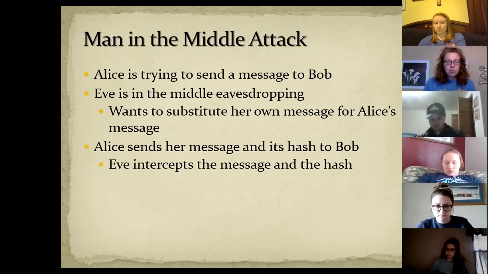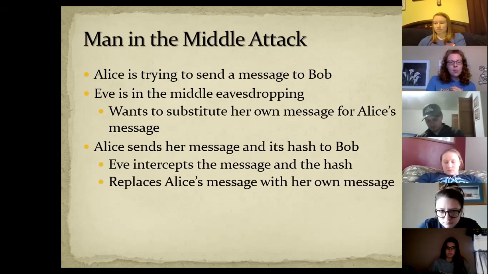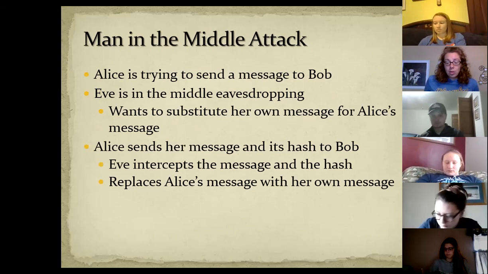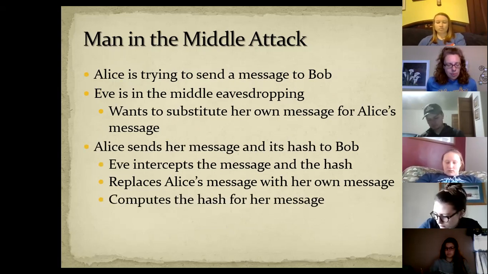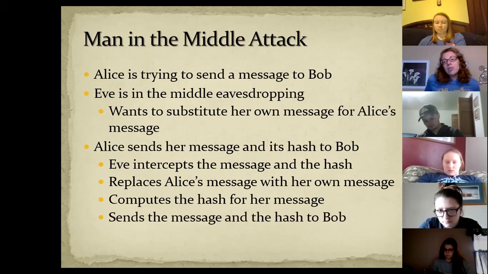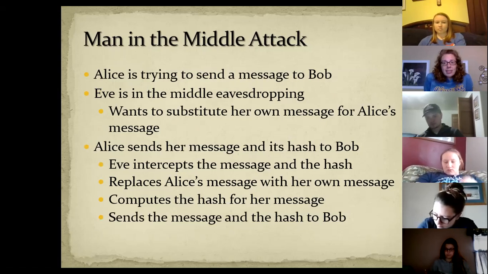She's going to intercept the message, and she's going to intercept the hash value. She's going to replace Alice's message with her own message, and she's going to replace Alice's hash value with her own hash value. And then she's going to send her own message and her own hash value to Bob.